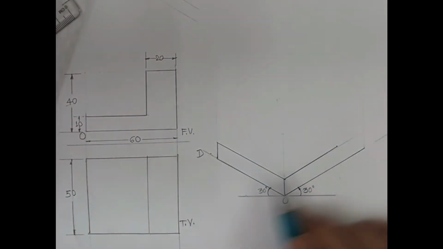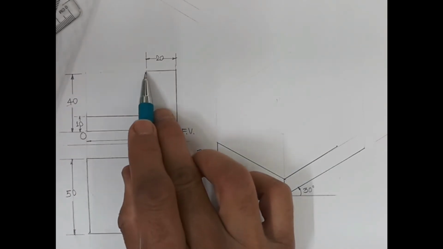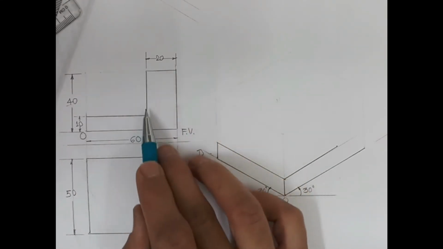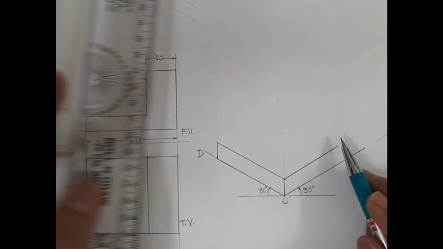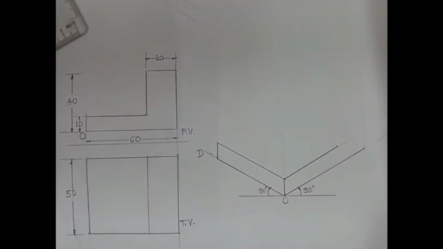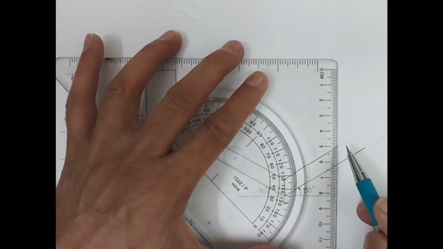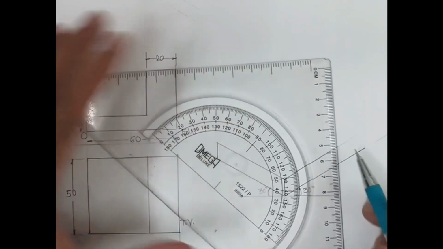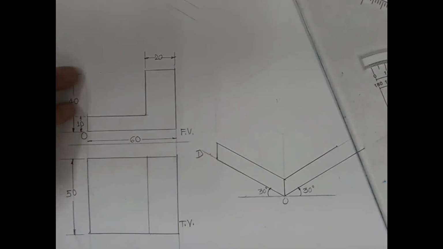Now once we come to this point, from here the part has a certain height, so the height reaches to the top. I had already constructed the box; if that box is not constructed, then from here I can take the remaining height. It is not 40 mm, I'm sorry, it is 30 mm, because 10 mm goes here, so the remainder is 30 mm.